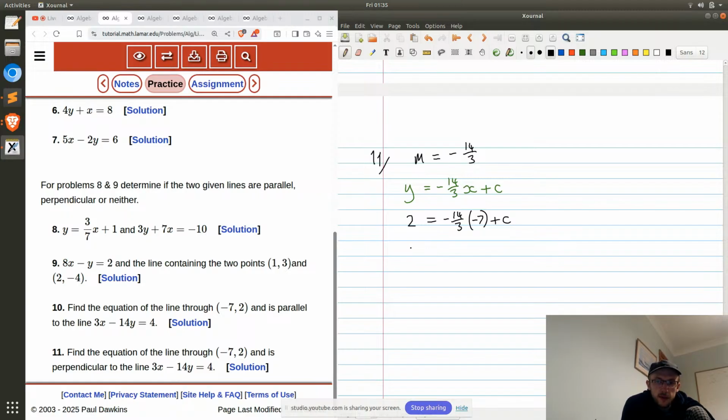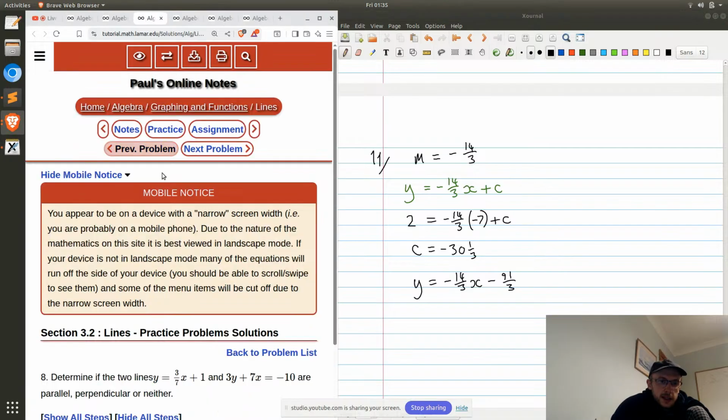So c is -30 1/3. So the final answer is -14/3 x minus 30 1/3. Although I guess they want it in rational number form. So -91/3.